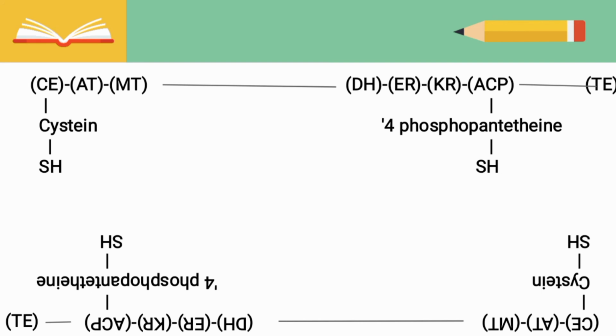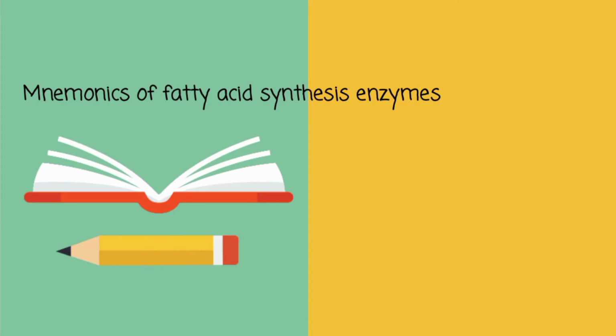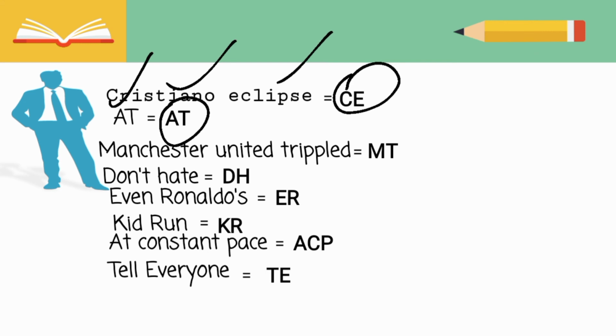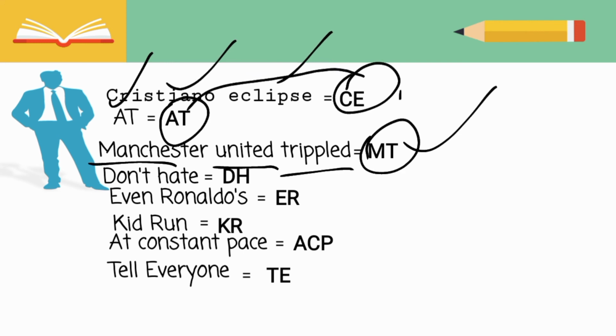So this is the mnemonic. If you're a football fan, you will find this very easy. We have Cristiano Eclipse for condensing enzyme, AT for acetyl transacylase, Manchester United tripled for malonyl transacylase. These three make up the condensing unit.